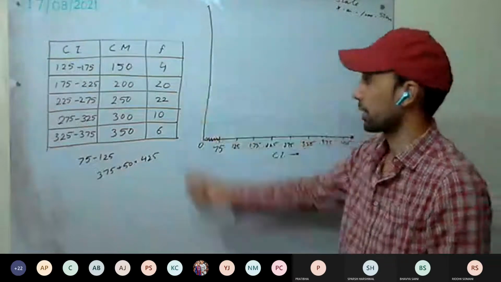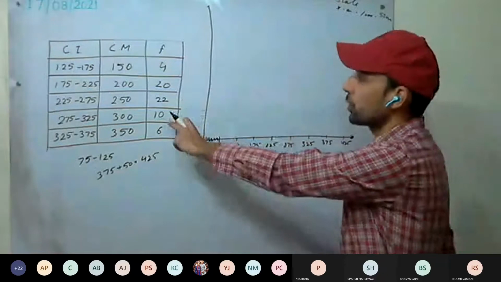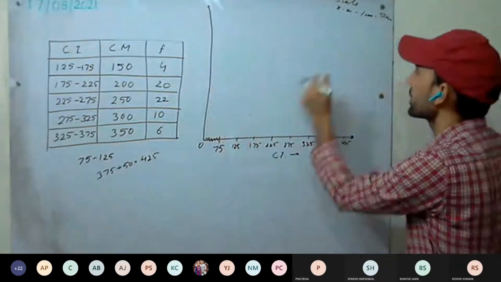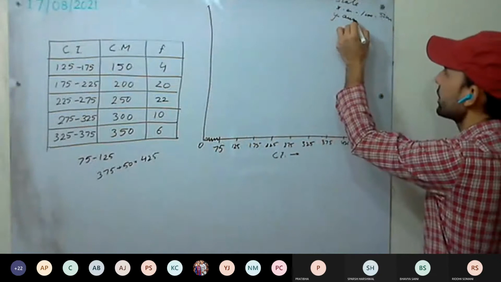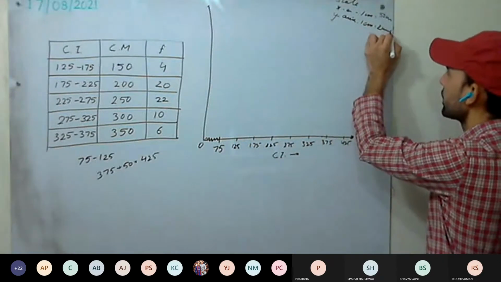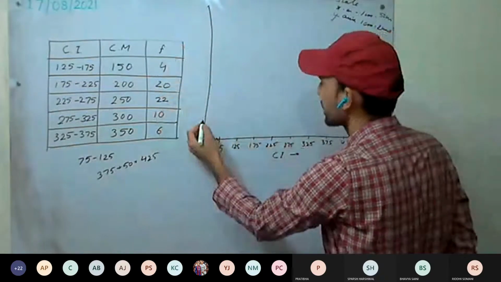Frequency, how are we going to mark? 1 centimeter equal to 2 units we can take. So within 11 centimeters we can get. Yes. Y-axis, 1 centimeter equal to 2 units, or 2 workers, you can say those are nothing but workers.